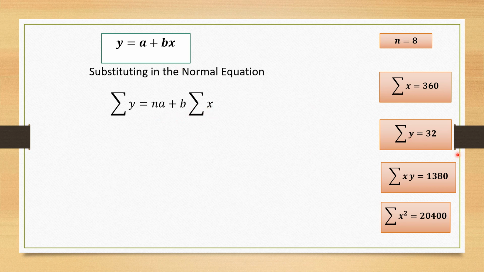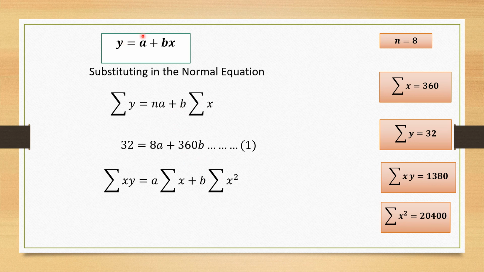Substituting summation y as 32, n as 8, summation x as 360, the first equation is 32 equals 8a plus 360b. Similarly, after multiplying the equation by x and taking the summation, summation xy is equal to a into summation x plus b into summation x square. Substituting summation xy as 1380, summation x as 360 and summation x square as 20400.